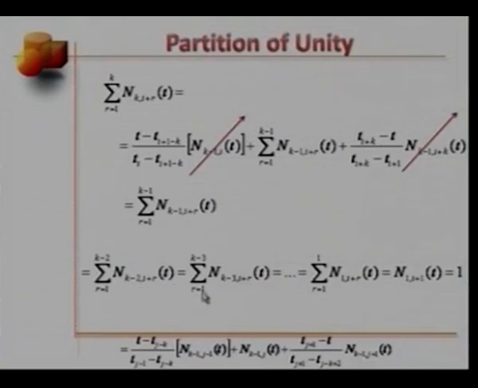Summation r going from 1 to k minus 3 of order k minus 3 basis spline functions, and so on, up till we get summation r going from 1 to 1 of order 1 basis spline function, with the last knot as t_i plus r. Clearly, r equals 1 here. So this is equal to n_1,i plus 1 of t. And you would know that this order 1 basis spline function has the value 1 in the interval t_i to t_i plus 1.